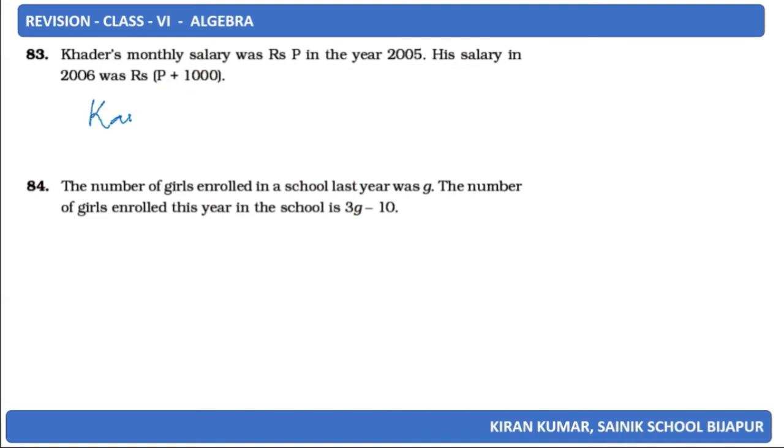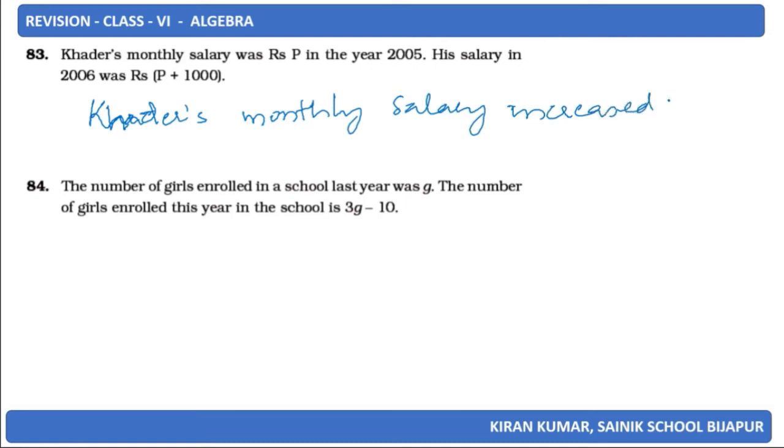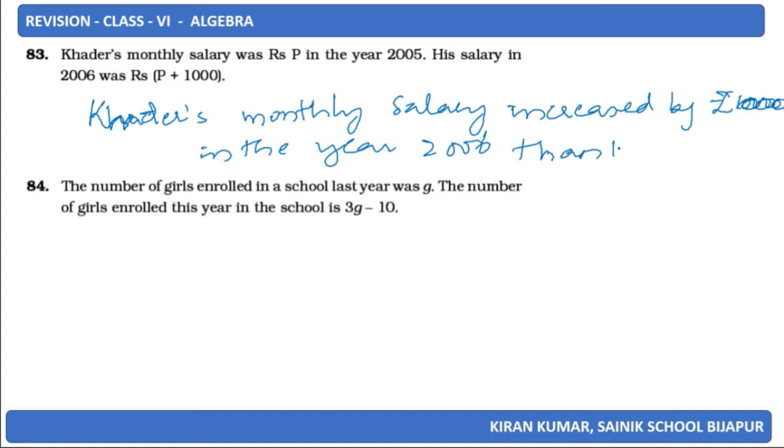So the ordinary statement would be: Kadir's monthly salary increased by rupees 1000 in the year 2006 than that of 2005.